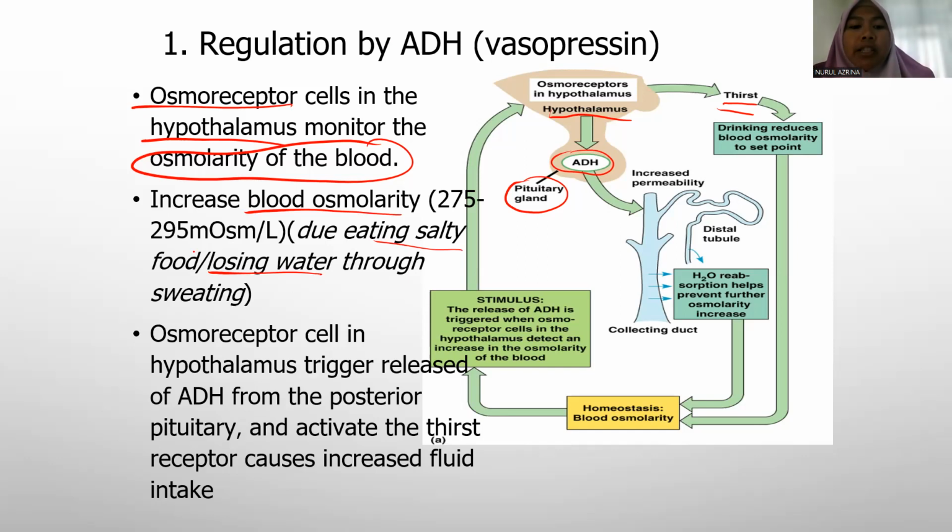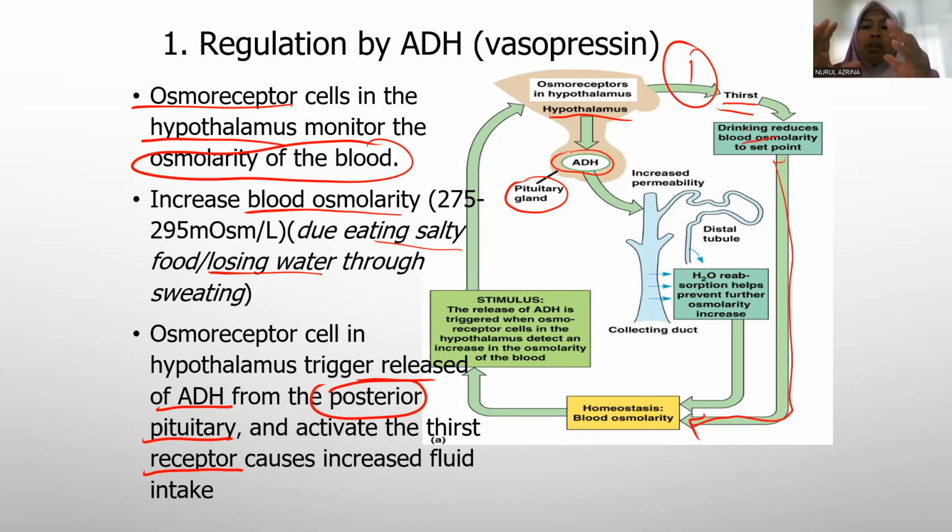The increase of blood osmolarity will trigger the release of ADH from the posterior pituitary gland, and first, activating the thirst receptor. So physically, kita akan minum air. This is one way to reduce blood osmolarity back to the set point.